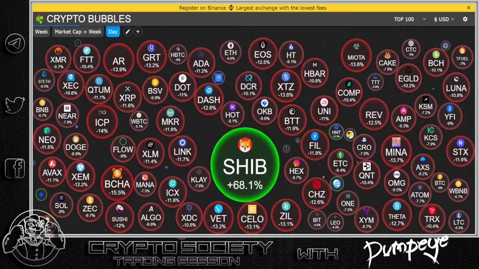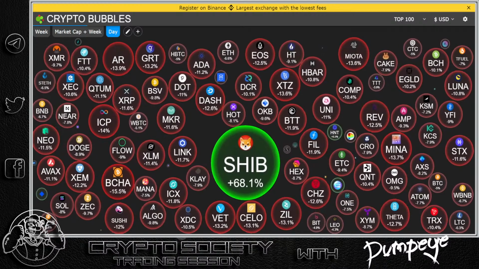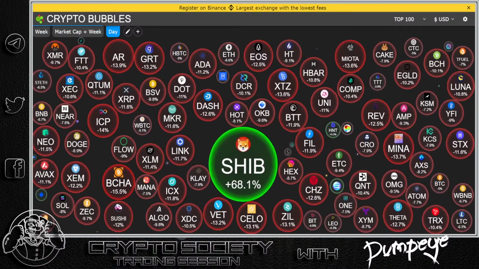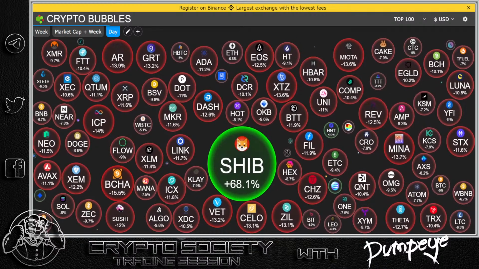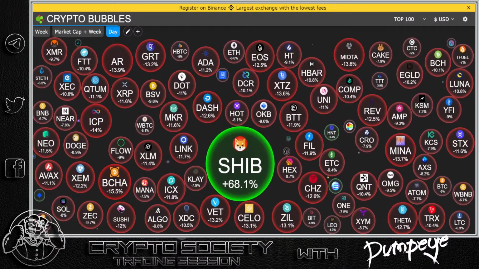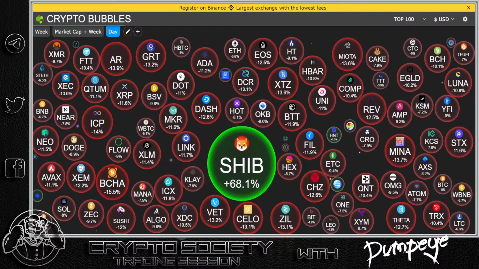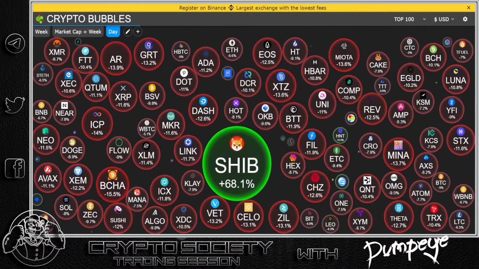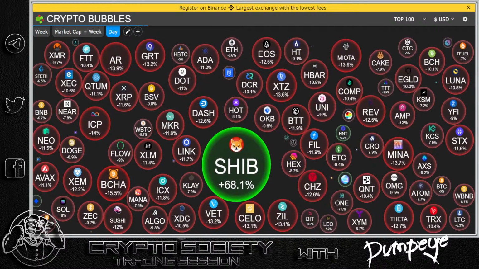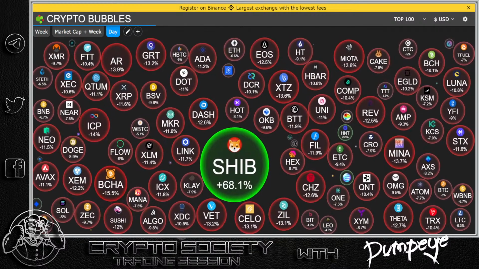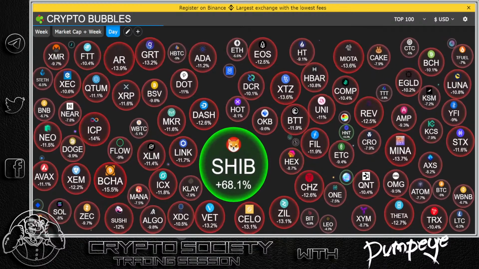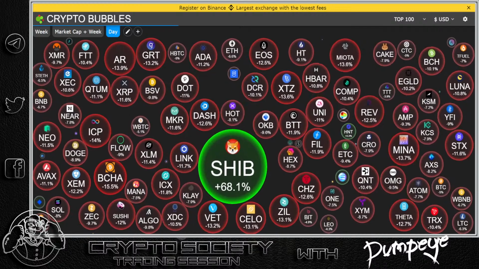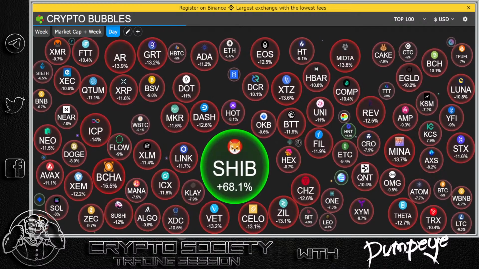I ended up buying a lot more Shiba than I thought, luckily about 10 times as much. Luckily, it had gone up, and I didn't even look at the chart. I just market sold because I don't want to lose all that money. If I would have held it, I would have probably 2x'd. But it doesn't matter. I'm just happy that I found it and I got out. That's the story. You're happy now? I am happy.